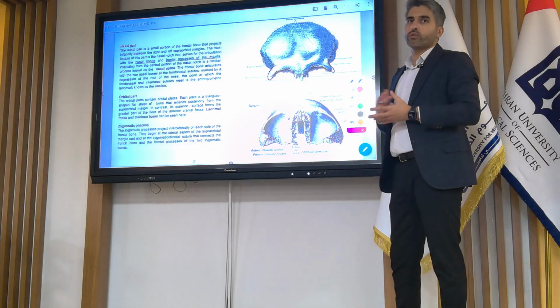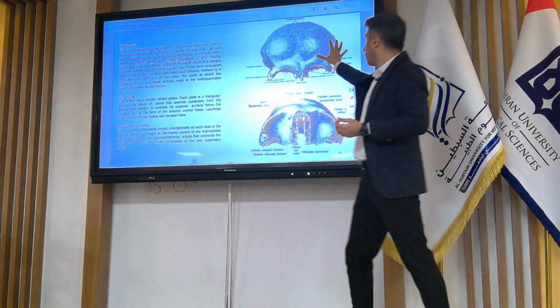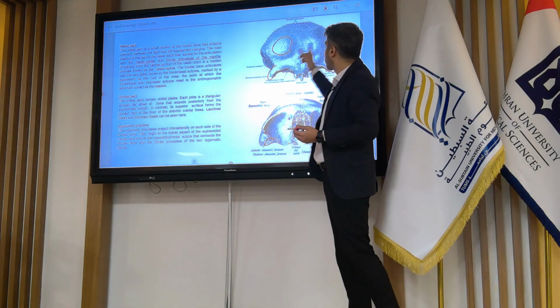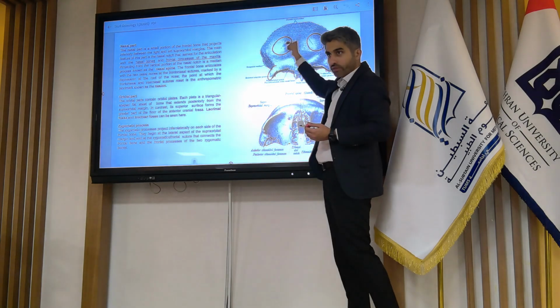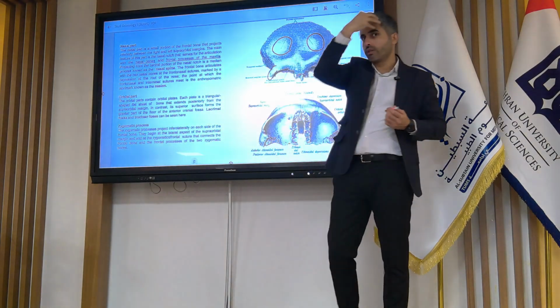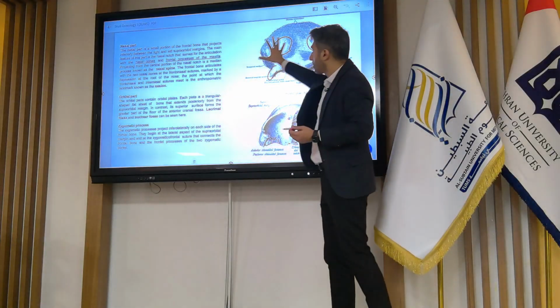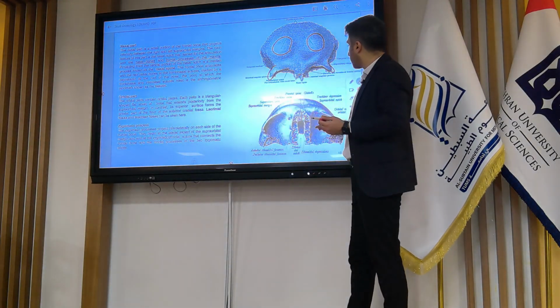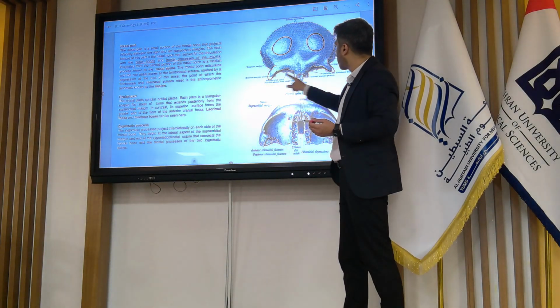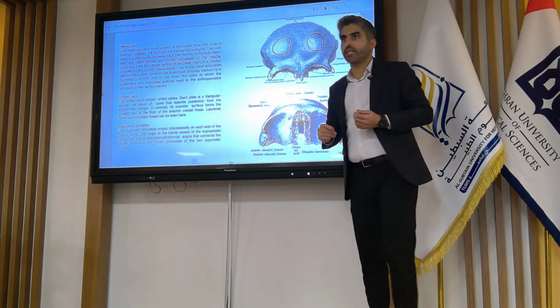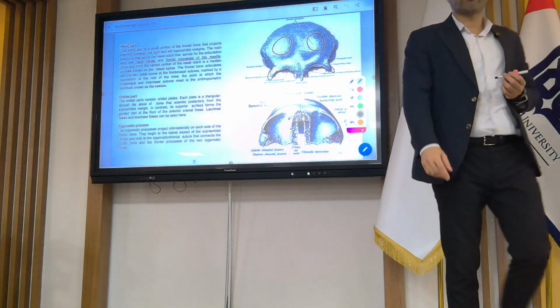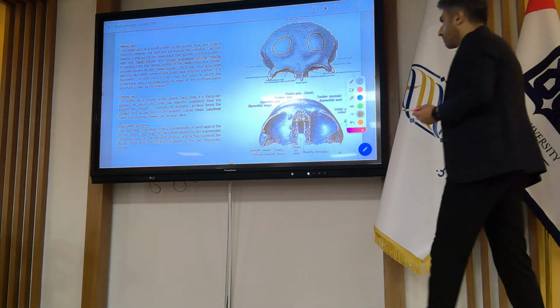So this is the frontal bone with a squamous part. You can see the frontal tuber here, the frontal eminence, which I told you is the center of ossification. The squamous part, orbital plates, nasal part, and zygomatic process. These are 4 different parts of the frontal bone.